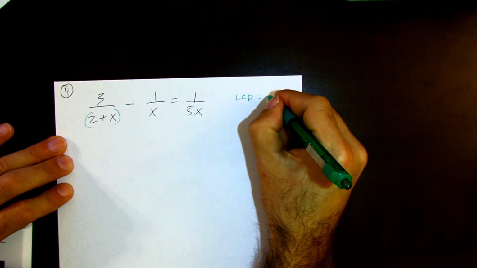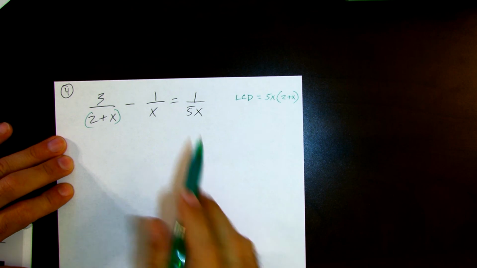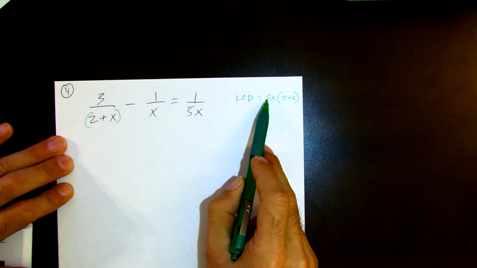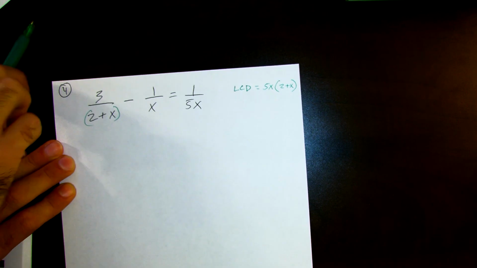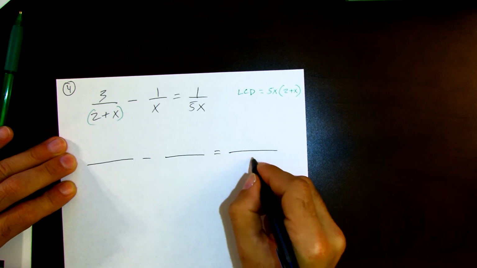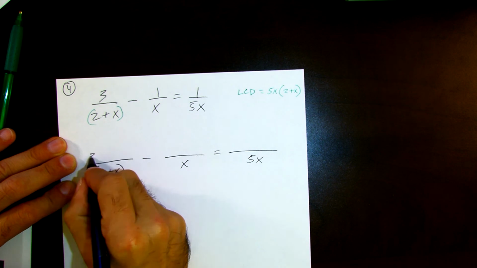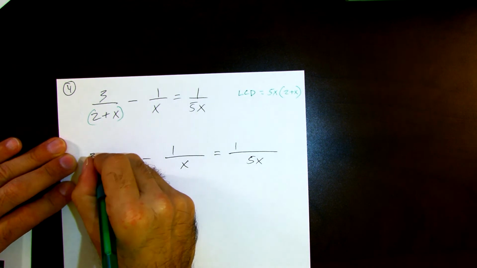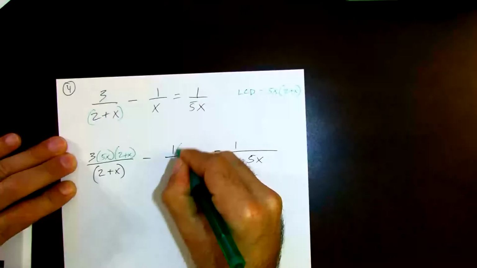So what I'm going to add to this is 5x times 2 plus x. Because I look at this 2 plus x, that goes into the LCD. X goes into the LCD because it's 5x. 5x goes into it because it's 5x. Now, what you want to do is make your fractions with a little more room. You're going to put everything that you had below it, just like before, and everything on top, but what you're going to then put is your LCD.